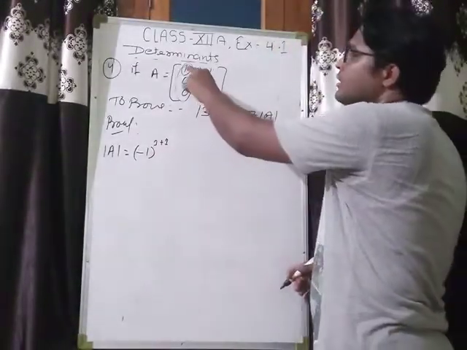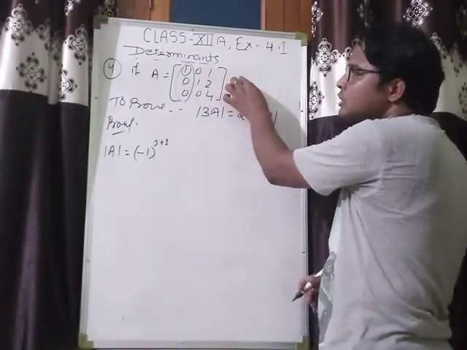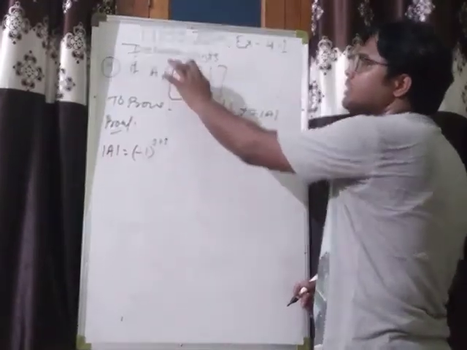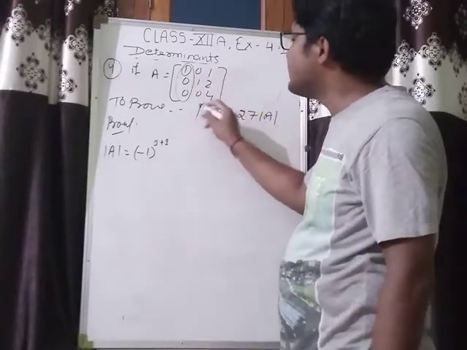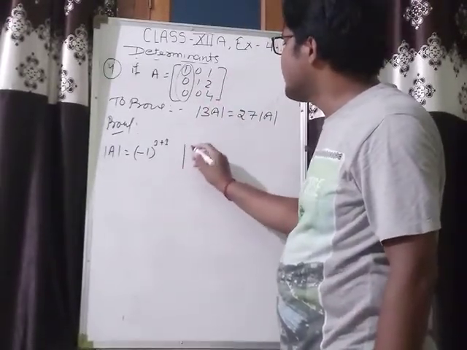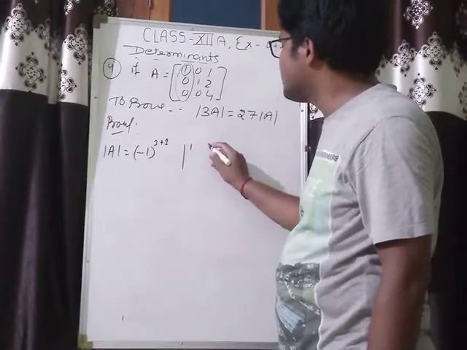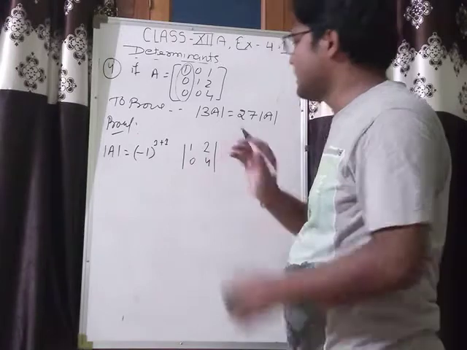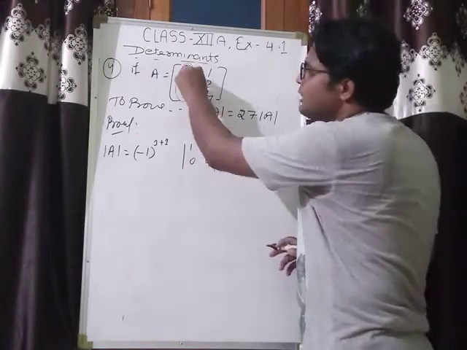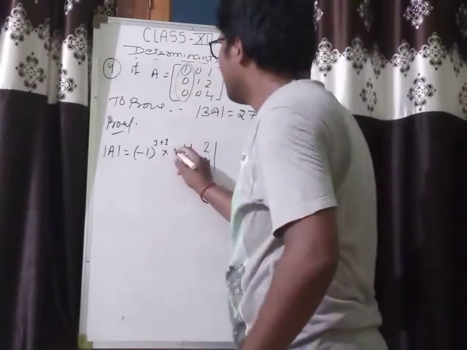Now leave the first row and first column. Now what we have? We have these 4 entries here, so find out the determinant of this 4-entry matrix, and multiply this one also, that is into 1.